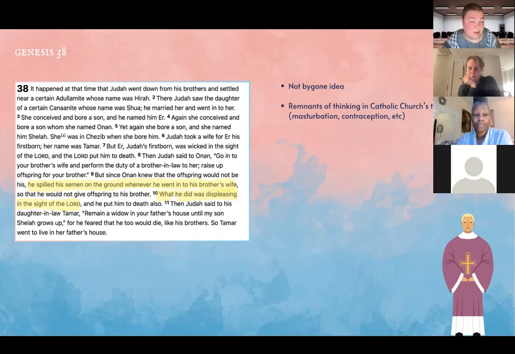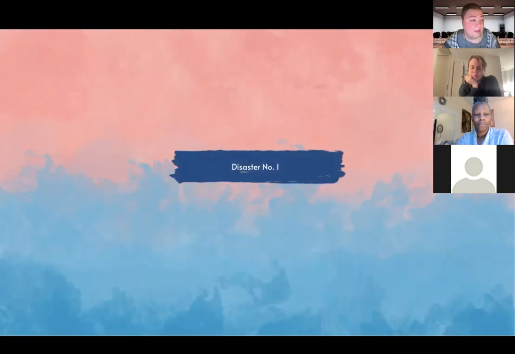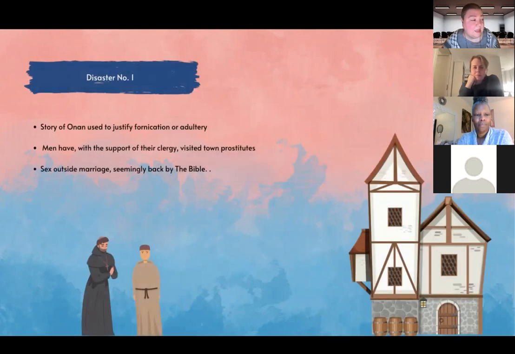Let us highlight two disasters among many that have sprung from this teaching. First of all, this verse has historically been used to justify fornication and adultery. Men have, with the support of their clergy, visited town prostitutes or had sex outside their marriage, all seemingly backed by the Bible.